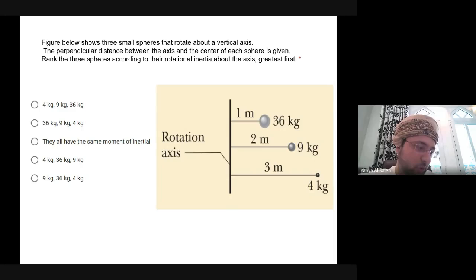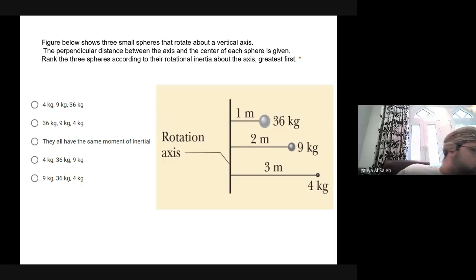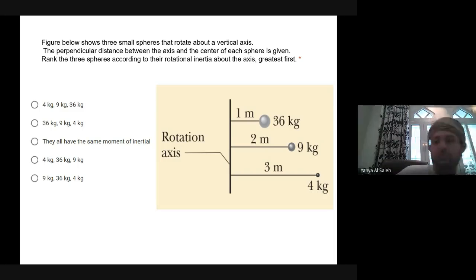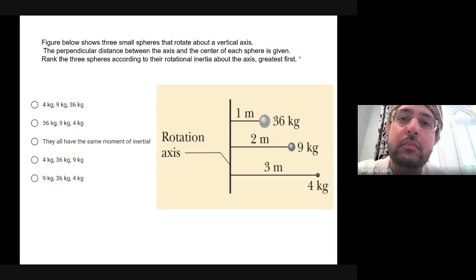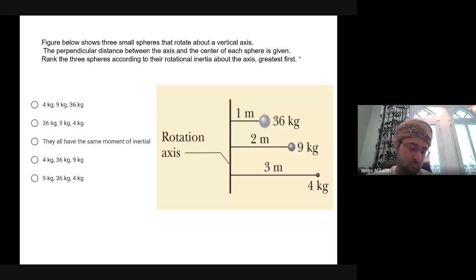Okay, a few B's, a few C's. Excellent. So most of you got it correctly.